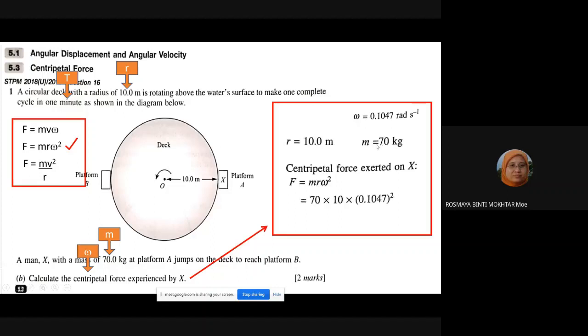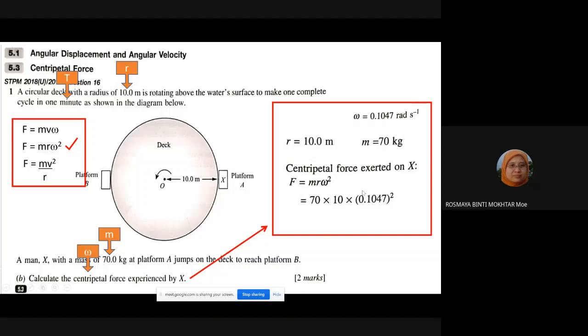So we substitute 70 into the equation, R 10 meter, already in SI unit, and angular velocity 0.1047. Before you come to the final answer, make sure you substitute the values with significant figures one step larger, usually larger than 3.